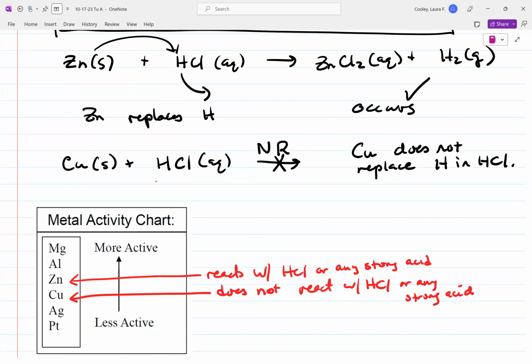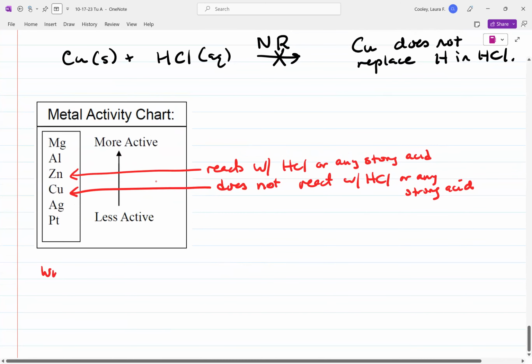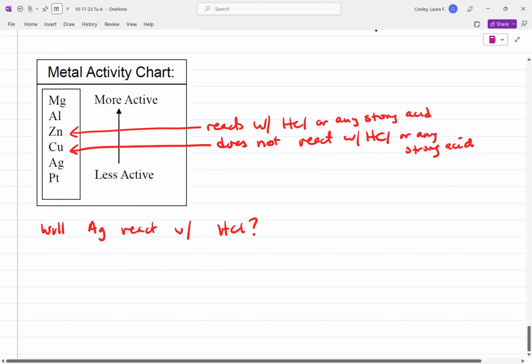Okay, so here's a question. Will silver react with HCl? So what's the answer to that question, do you think, from this information that you're given here?